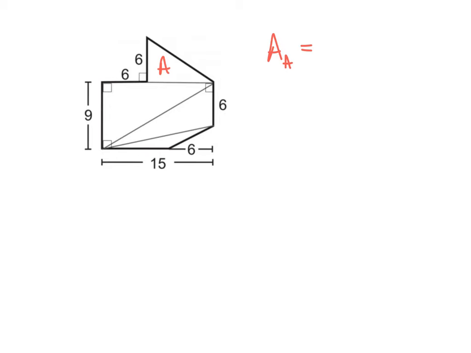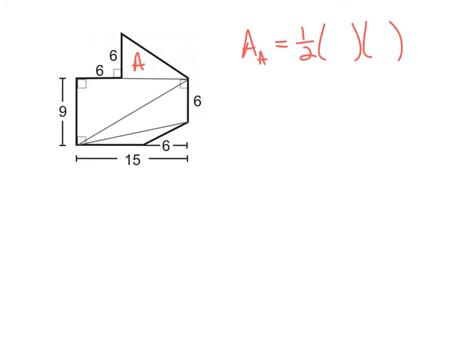We know that the formula is 1/2 base times the height. Our base could be this right here, and our height could be this one here. And we know that this forms a right angle because it does on the other side of that line in linear pairs. So our height is 6.